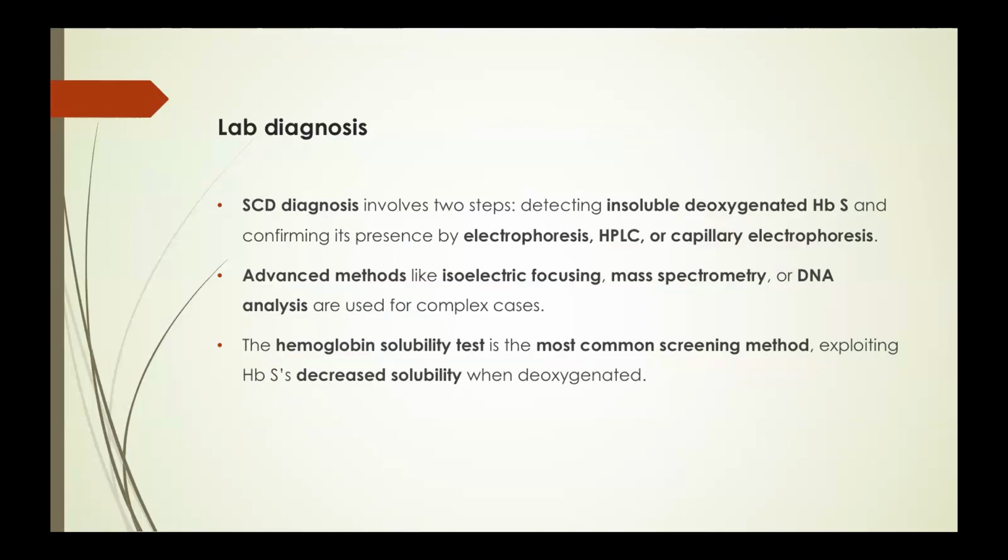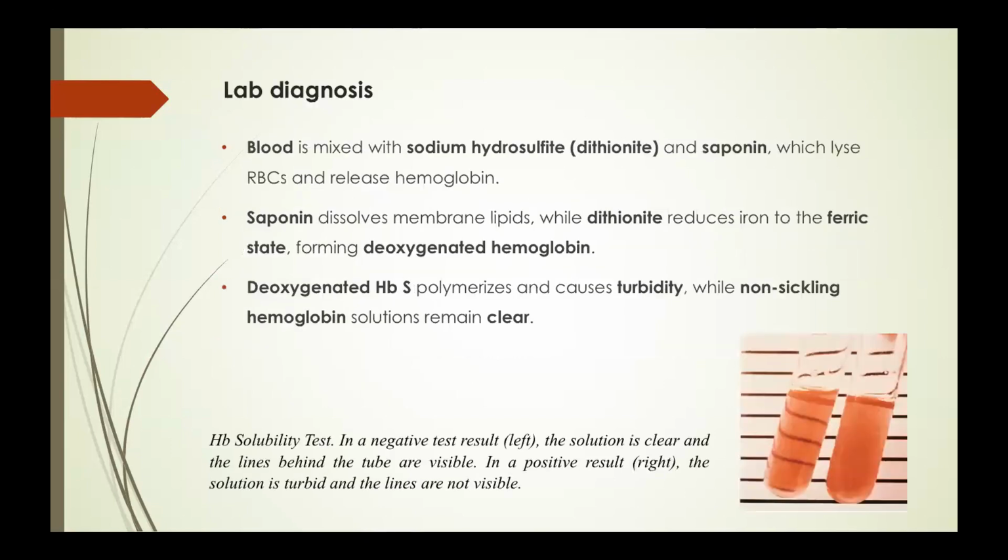Sometimes we can also do isoelectric focusing, mass spectrometry, and DNA analysis to identify genetic abnormalities. The hemoglobin solubility test is the most common screening method, exploiting the hemoglobin's decreased solubility when deoxygenated. This is a very common practice in many labs.